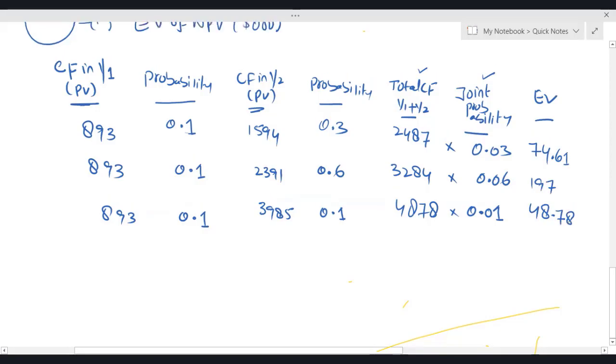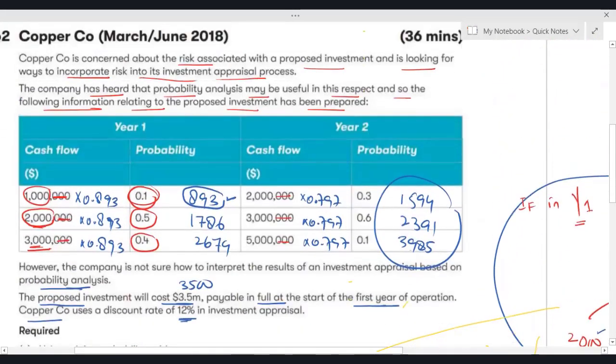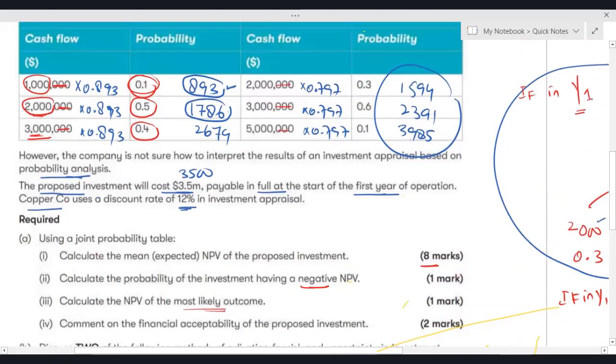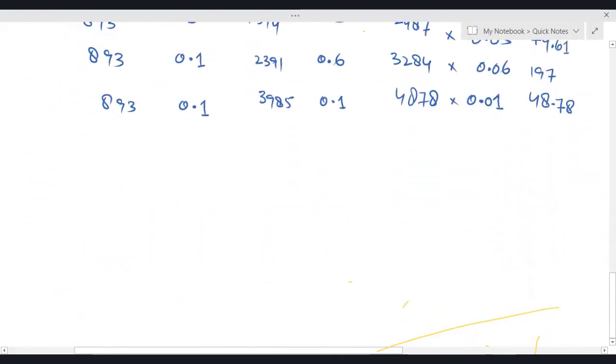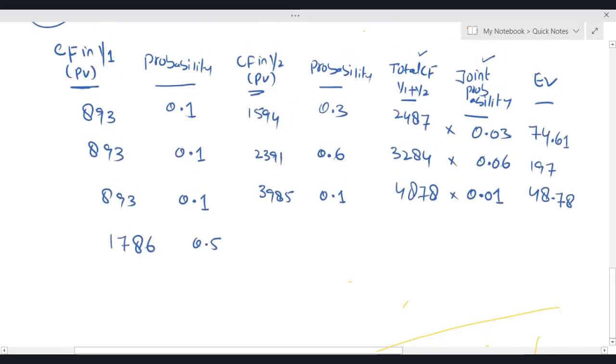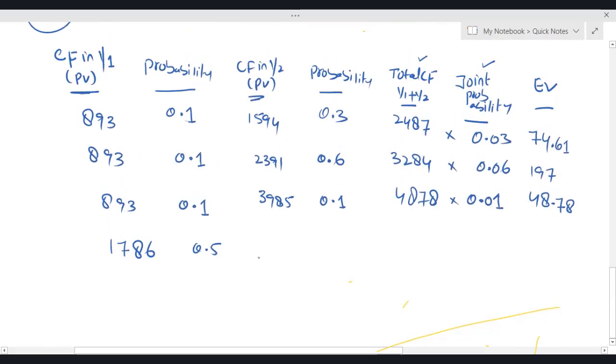Now in the second year, what happens? Now, if in the first year the event of 1786 occurs, because the cash flow of 2000 is having a present value 1786, with the probability of 50%, then in the second year again there are 3 possibilities.